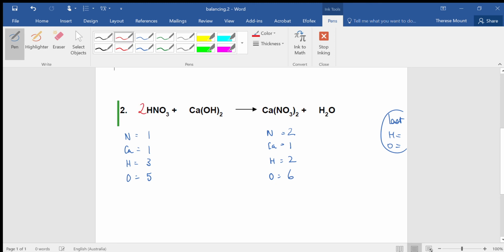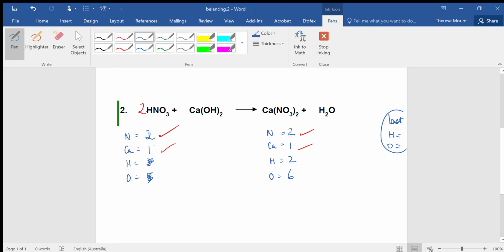What if I put a 2 there? Now I've got 2 nitrogen, and I have 2 nitrogen on that side, so that's fine. We've still got 1 calcium and 1 calcium, so that's still fine, but we need to see how these numbers have been affected by putting that 2 there.